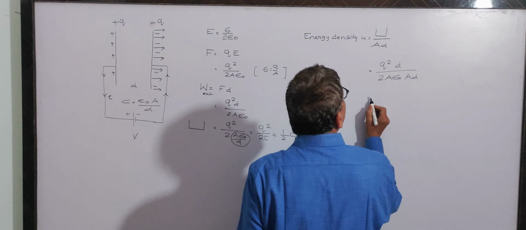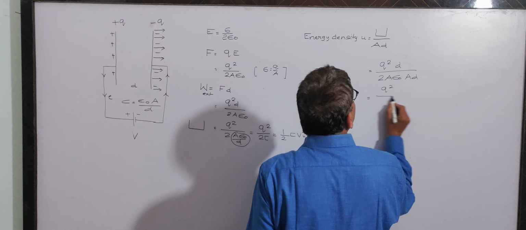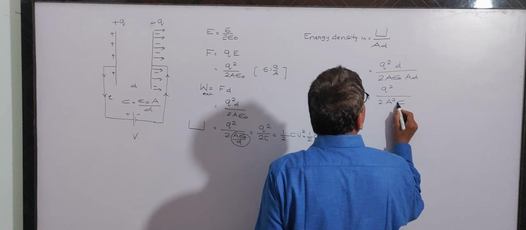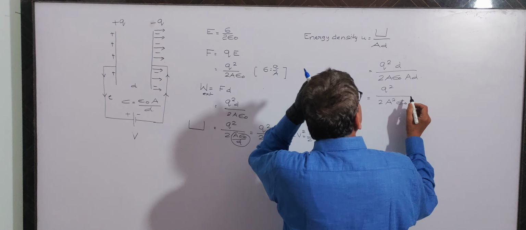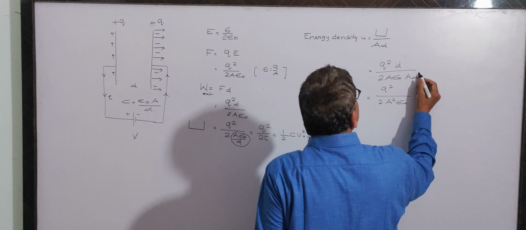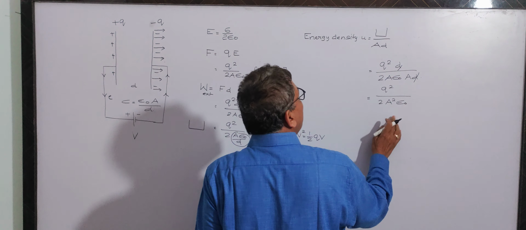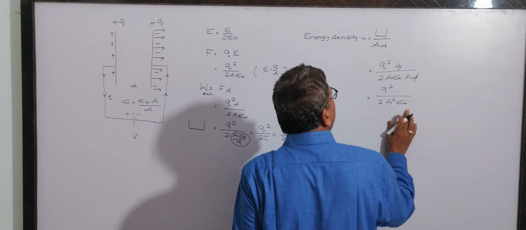So I can write this value as Q square by 2 A square epsilon naught. This D gets cancelled.